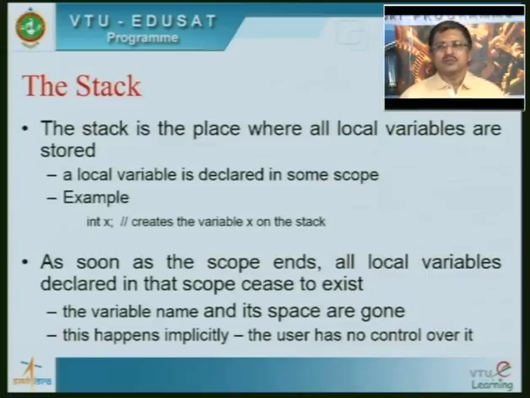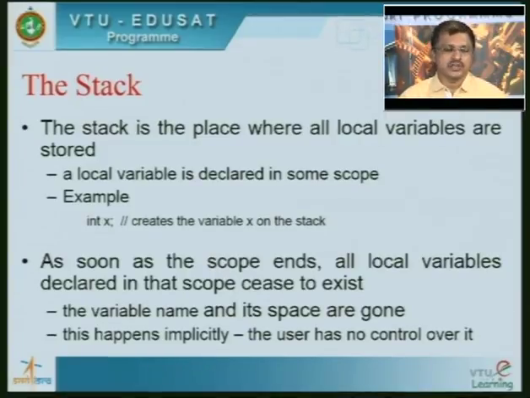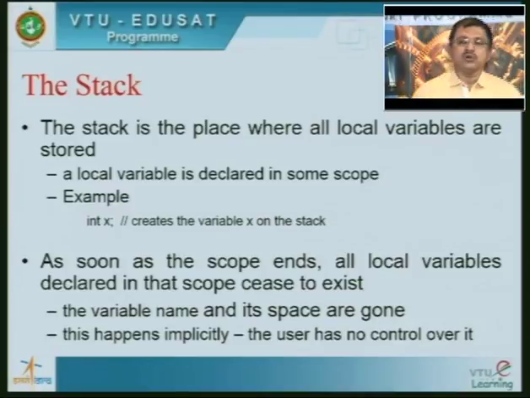Now, for completeness, we'll define what stack is and what its primary functions are before we get into what happens to the stack when we invoke a function. Stack is a place where all local variables are stored.